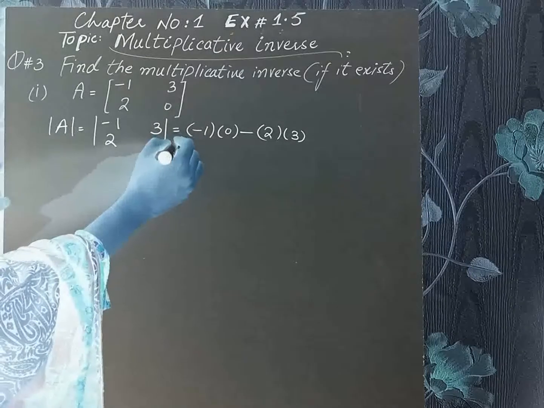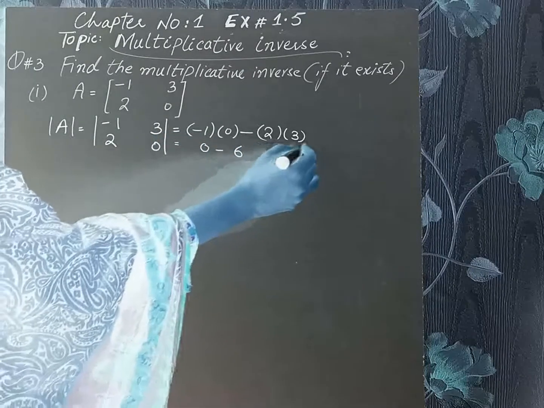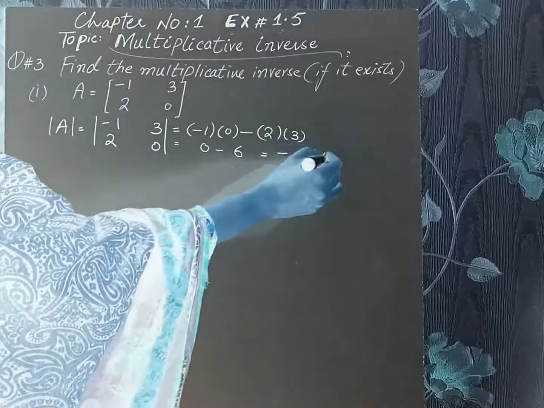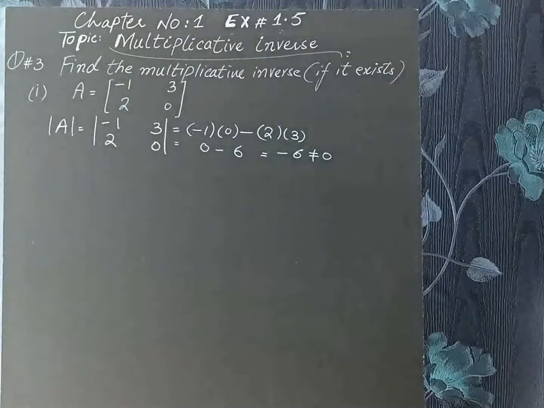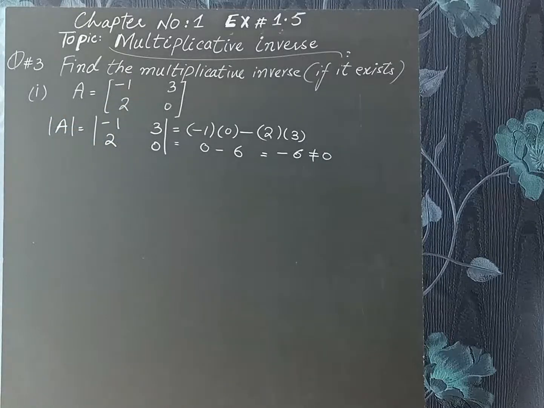So this is now 0 minus 6. This is equals to -6, that is not equal to 0. It means the determinant of A is equals to -6, that is not equal to 0. So A is a non-singular matrix.